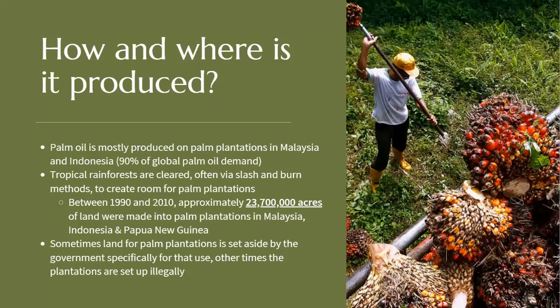So as she said, palm oil is found mainly in Southeast Asia, in Malaysia and Indonesia. I visited Borneo last year, which is an island shared by Malaysia and Indonesia, and I drove across the country and saw acres upon acres upon acres of what used to be rainforest turned into palm oil plantations.